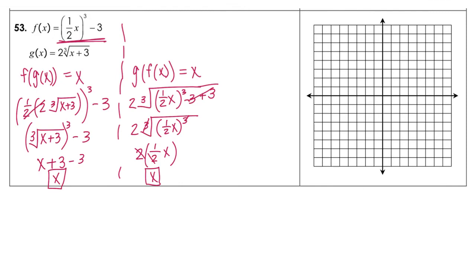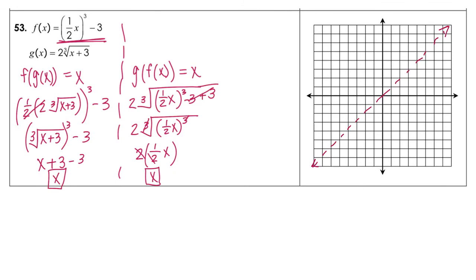And again, when you graph these, do keep in mind your parent functions and how they should be reflected over that line y equals x. Important for us to realize that they are mirror images of each other over that line. All right, and so again, our parent functions here, we have our cubic function, and it's been moved down 3, and it does have the transformation there.